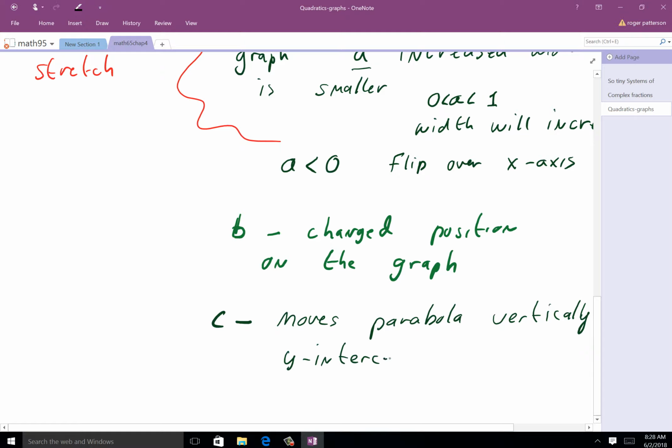So there's our A, B, and C in that situation. So the y-intercept when B is 0, right? Yeah, when B is 0.